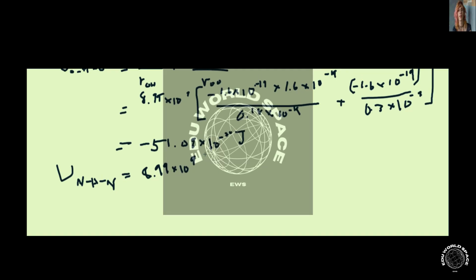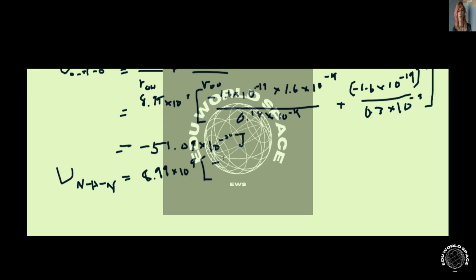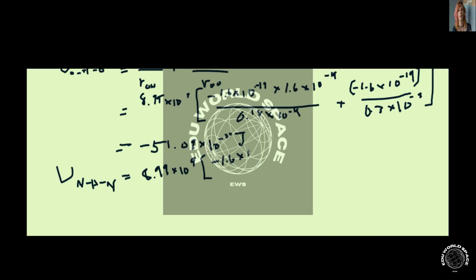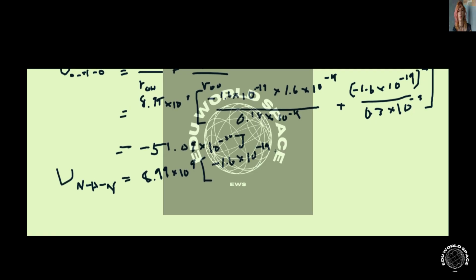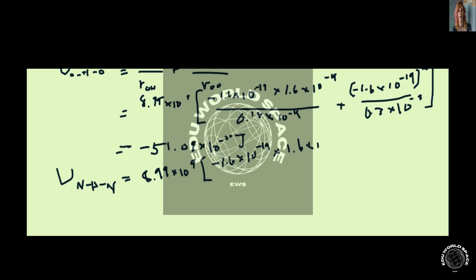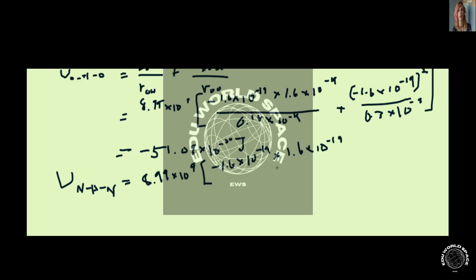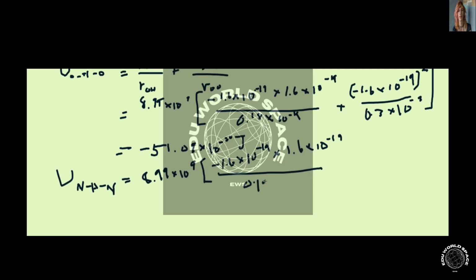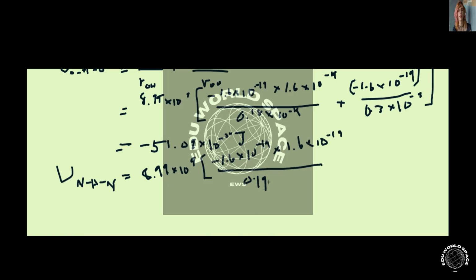And now it's once again negative 1.6 times 10 to the negative 19 times positive 1.6 times 10 to the negative 19, over 0.19, which is the radius of the NH bond times 10 to the negative 9.